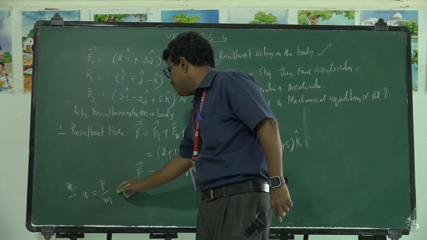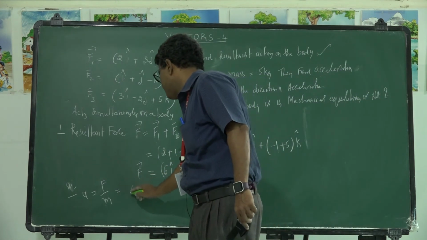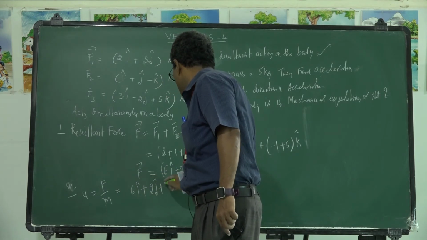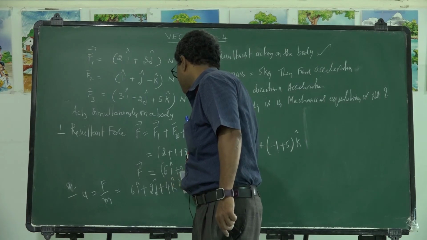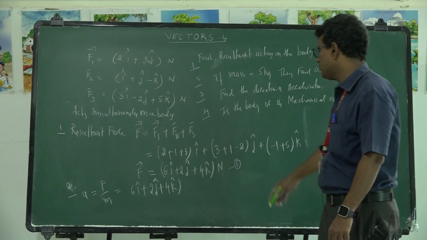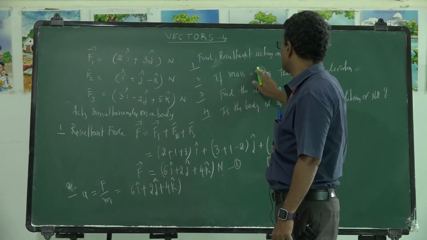So what is F here? F is 6 i cap plus 2 j cap plus 4 k cap. Here the mass of the body is 5 kg, but it is better to take 2 kg.